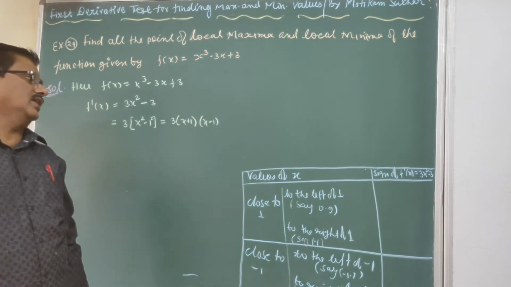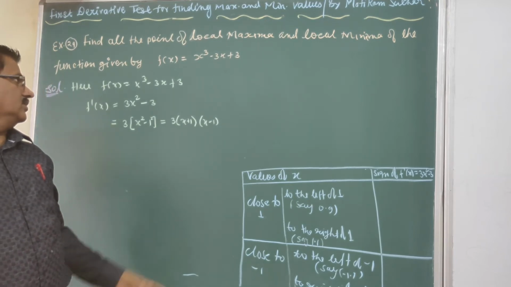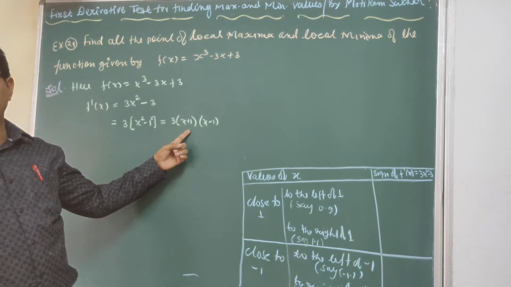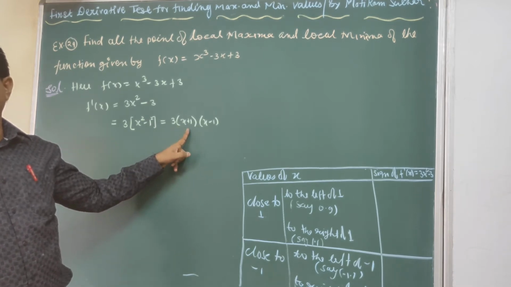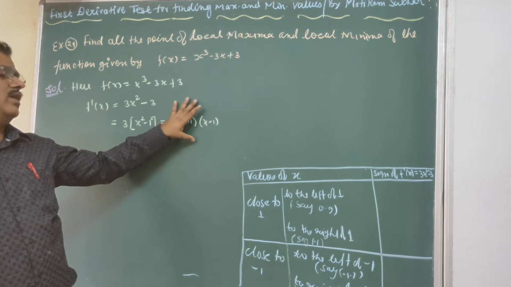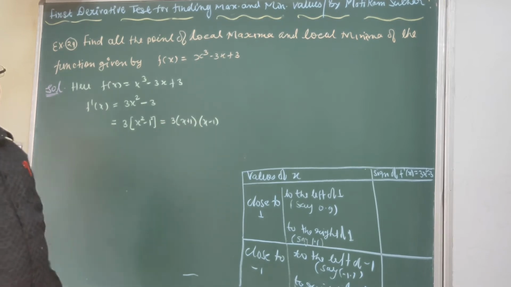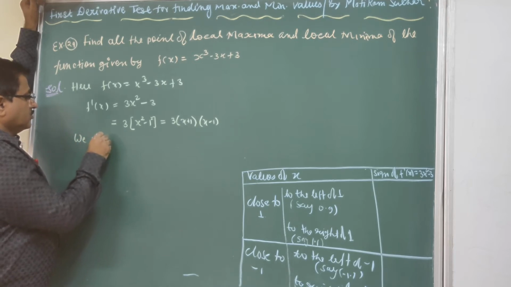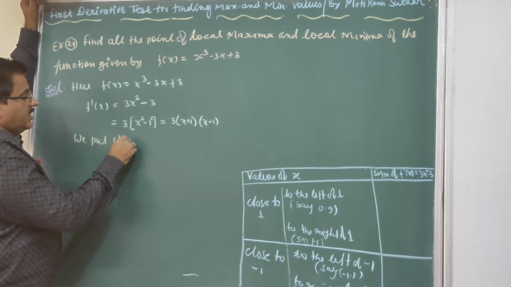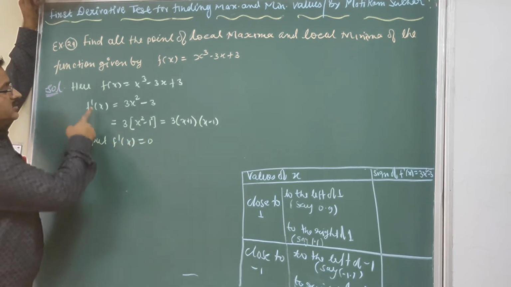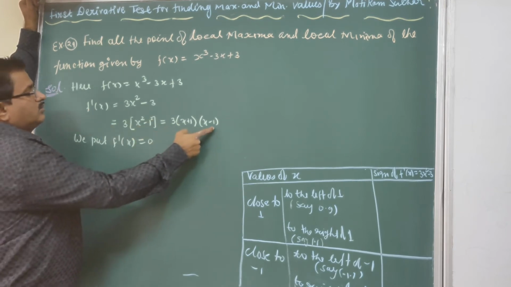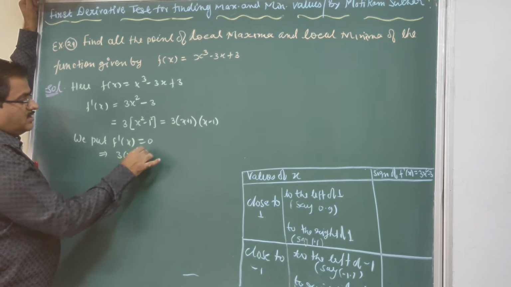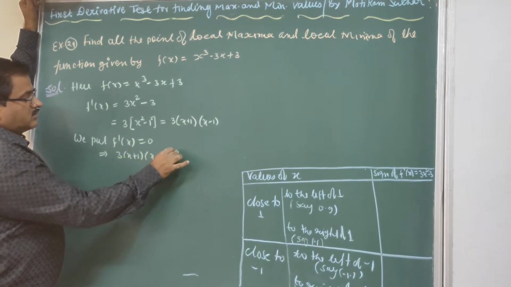Now we have discussed that if the function has derivative 0 at a point, those points are known as critical points. So first of all you have to find the critical points. So we put f dash x equal to 0. This derivative we put equal to 0, that is 3 into x plus 1 into x minus 1 equal to 0.